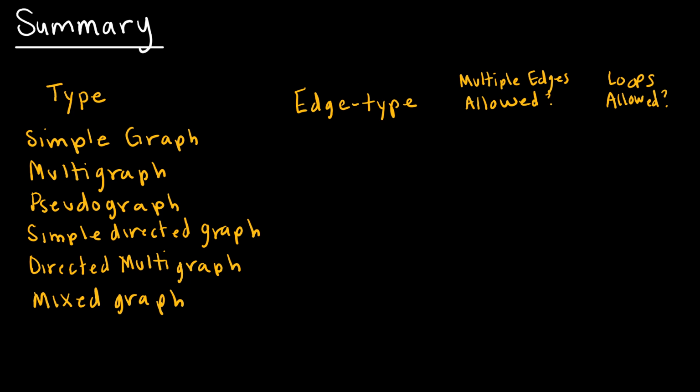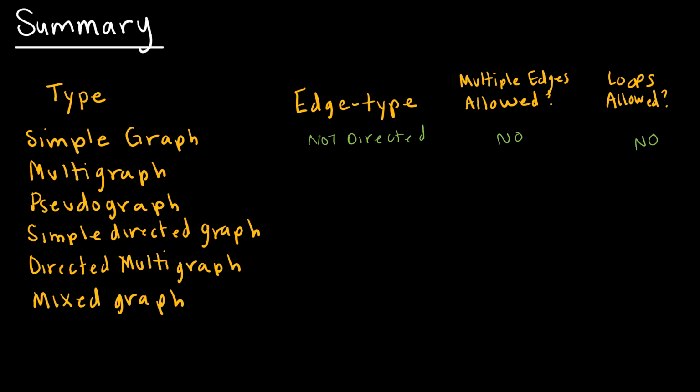So these would be the ordered pairs that would be associated with this particular directed graph. So just a quick summary. We have simple graphs, multigraphs, pseudographs, a simple directed graph, which we didn't speak about in specifics, a directed multigraph, and a mixed graph. So let's talk about what all of those things are. We know a simple graph has edges that are not directed. Does that allow for multiple edges? No, because it's simple. Can you have a loop in a simple graph?